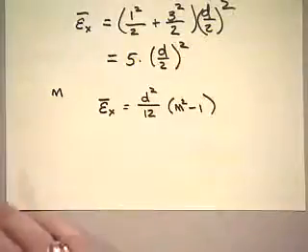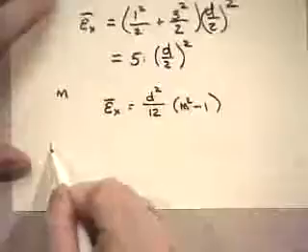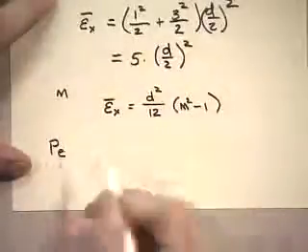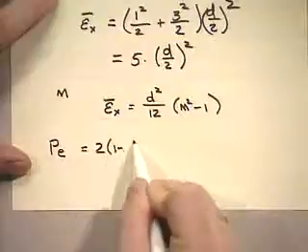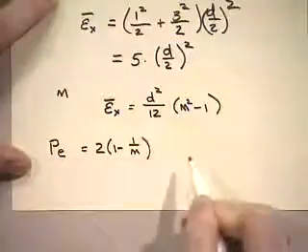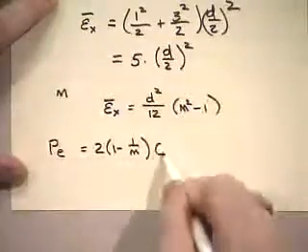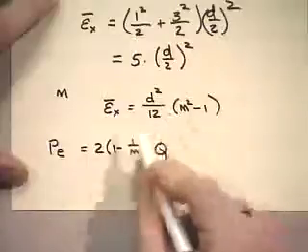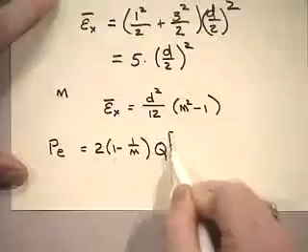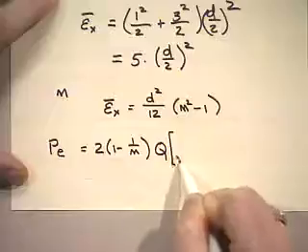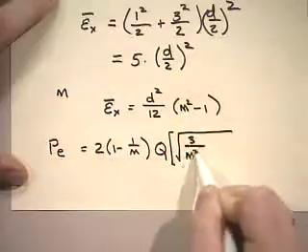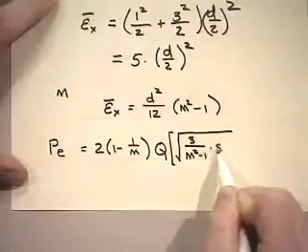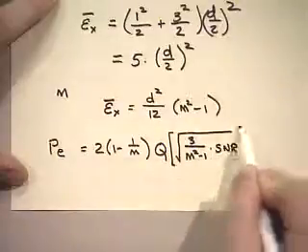So this works in general. And so therefore I have a probability of error for PAM, which is 2 times 1 minus 1 over M, the number of nearest neighbors, times Q, and then reversing this back to the form where we can use the signal-to-noise ratio, what you'll get is 3 over M squared minus 1 times the signal-to-noise ratio.